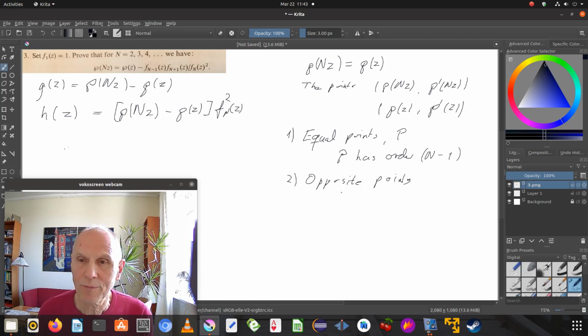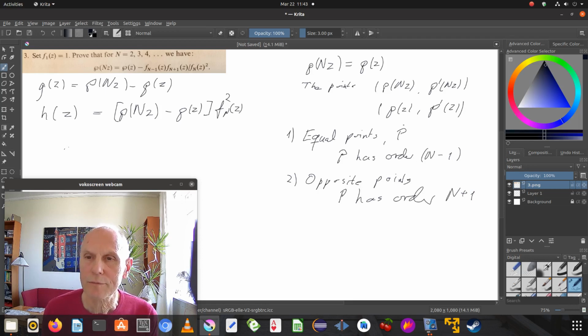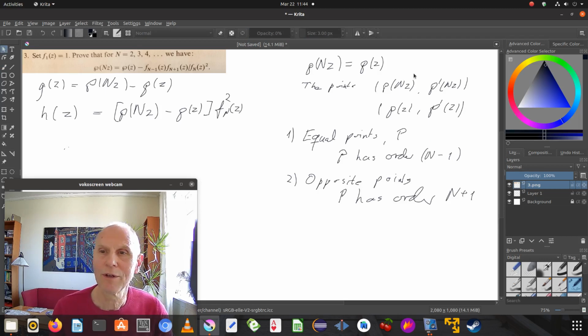And then P has order n plus 1. And of course, all the points of order n minus 1 will occur like this, and all of order n plus 1 will occur like this. So I believe that this is the list of all the zeros.